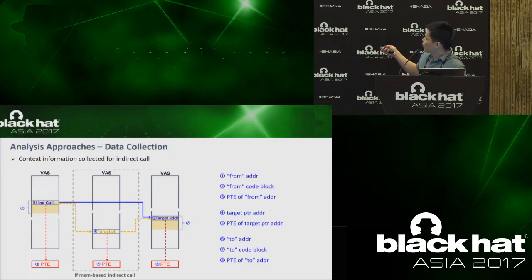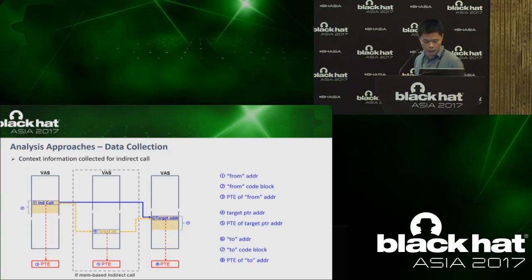Again, we collect the from address, from where this memory-based indirect call takes place. We then collect the from code block, 8 bytes of information from the from address. And then we collect the PTE of the from address. After that, we collect the function pointer itself and the page table entry of the function pointer.